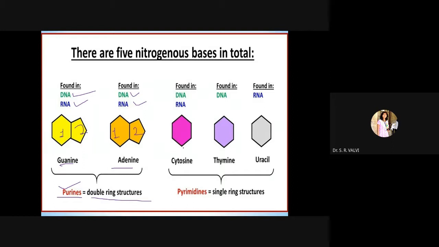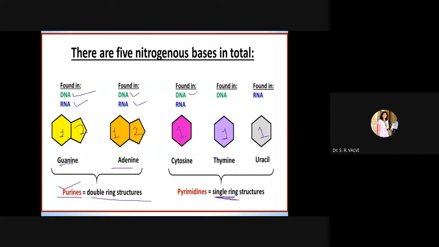Now see the next ones: cytosine, thymine and uracil. Here we are not observing any double ring structure. It is only a single ring, with no other ring adjacent or attached to it. So pyrimidines are single ring structures.